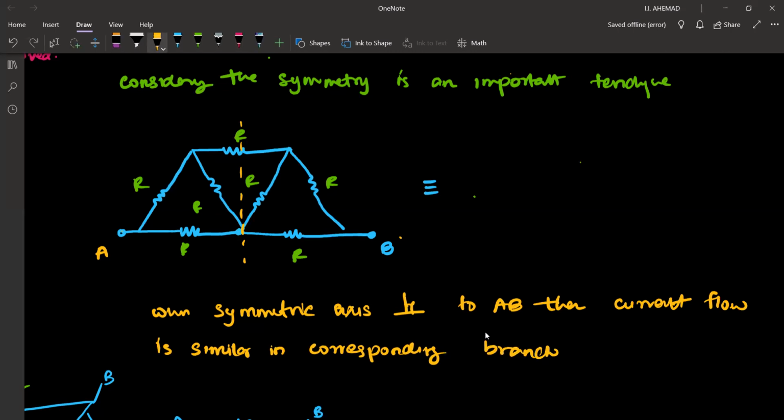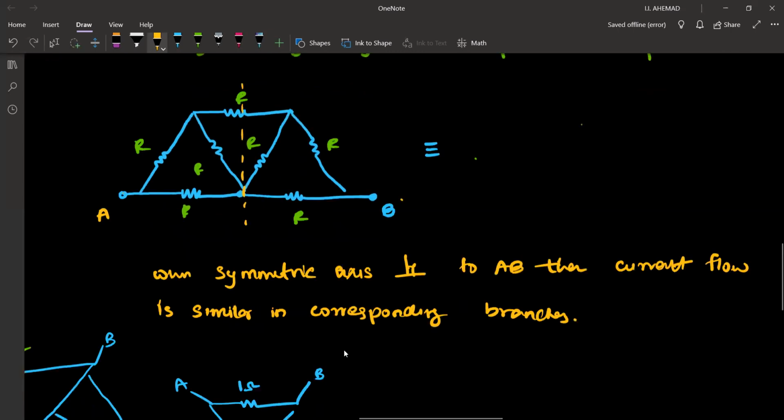What does that mean? Now just think here, let's say the potential difference between A and B. The potential difference between A and B is 10 volts. The path, this is the center, okay? This is the center. When you come from here to here, there will be a drop of 5 volt.